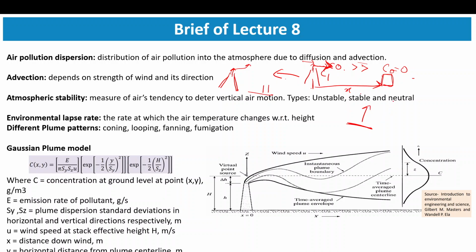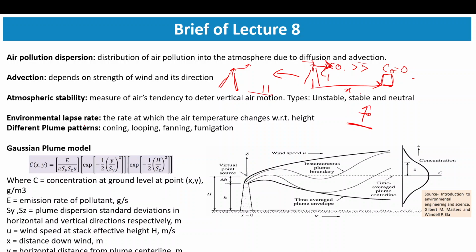The air which is warmer compared to the environment will have a tendency to rise upwards. So depending on the temperature and the rate at which it changes across this environment, it will also affect how fast the pollution will travel and in what direction.